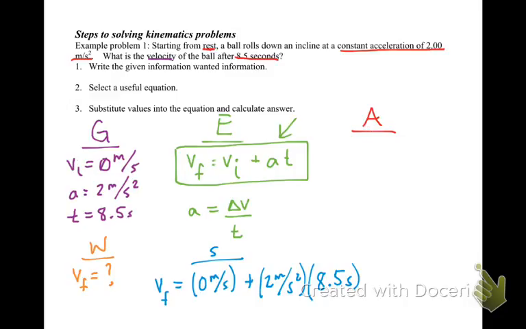And we get our final velocity of 17 meters per second. So, pretty simple. Write down the given information and the wanted information. Figure out what equation is going to be useful in solving for that information. Substitute the values into our equation with our units and then calculate our answer.